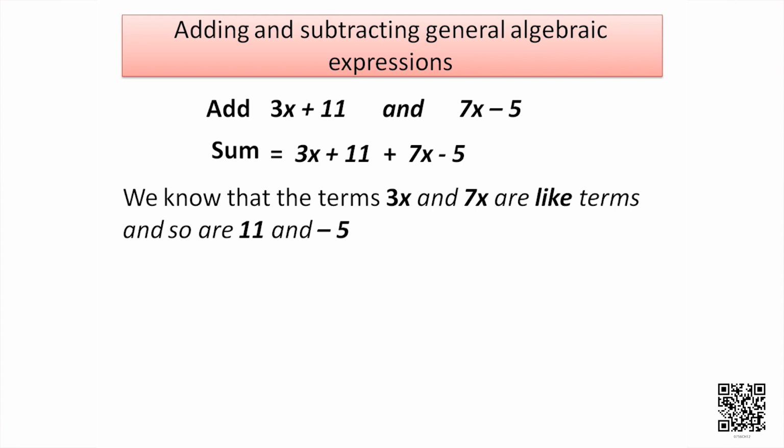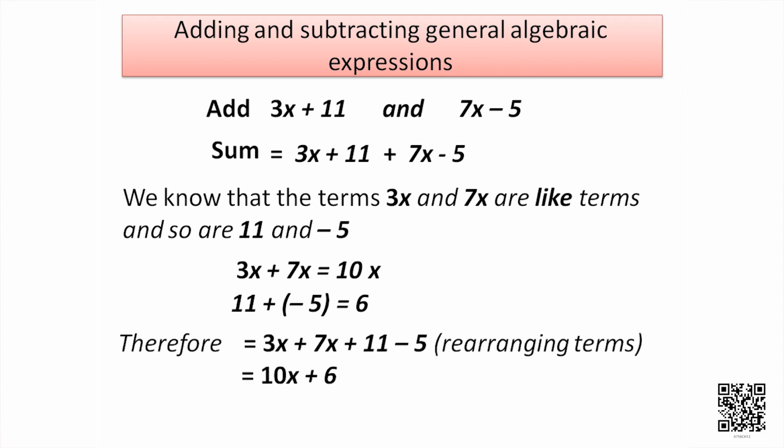So we will add or subtract like terms together. So when we add 3x and 7x, that gives us 10x, and when we add 11 and minus 5, that gives us 6. So our result becomes 3x plus 7x plus 11 minus 5. After rearranging, this gives us 10x plus 6.